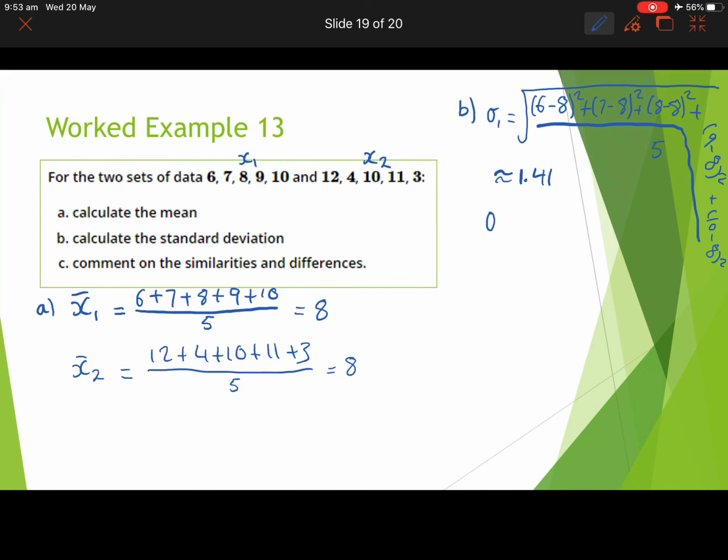For the second one, I'm not going to do the same thing because you should know how to do it, but you should get approximately 3.74 for the second set.